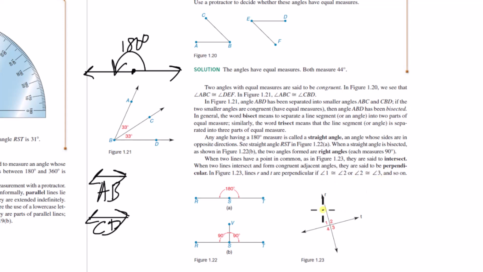So, if you have 2 lines that have a point in common, that means they're not parallel. Those lines intersect. If they're not parallel, then 100% they're going to intersect somewhere. Now, when they intersect, they form congruent angles, but that doesn't have to happen, right?